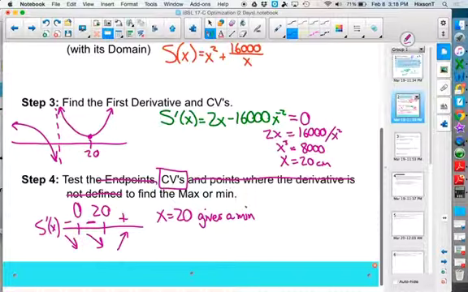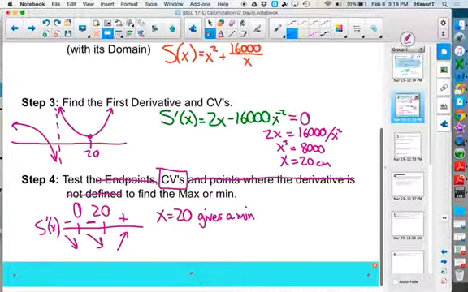I don't understand why we use 0, since x can't be 0. So why is that on our sign diagram? Well, remember on your sign diagrams, you put anything eliminated from the domain, because there's an asymptote, and it can affect your increasing or decreasing.